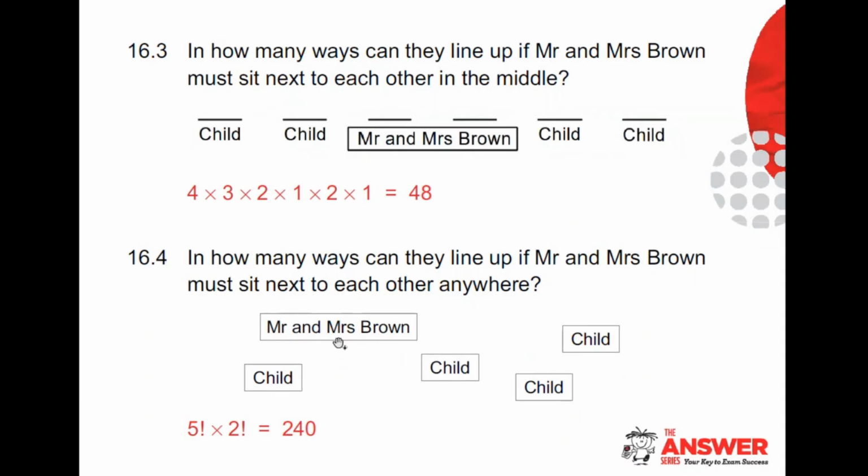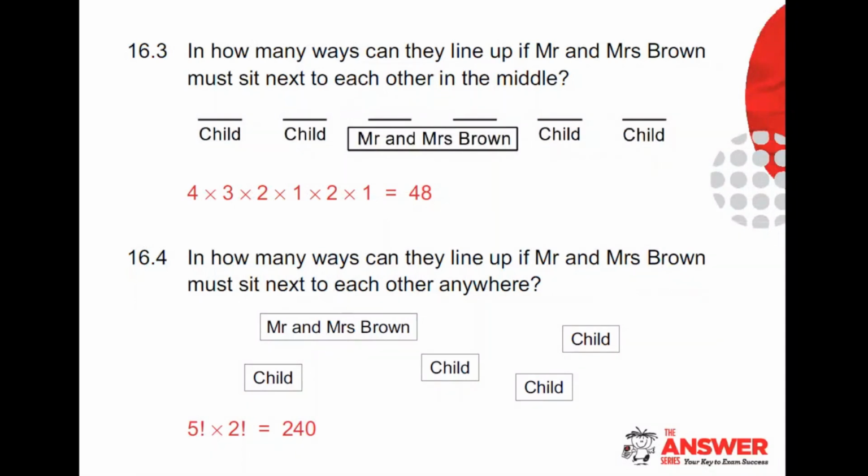But Mr. and Mrs. Brown, they're holding hands, but they themselves can either sit Mr. and Mrs. or Mrs. and Mr. So they can arrange themselves in 2 factorial ways.